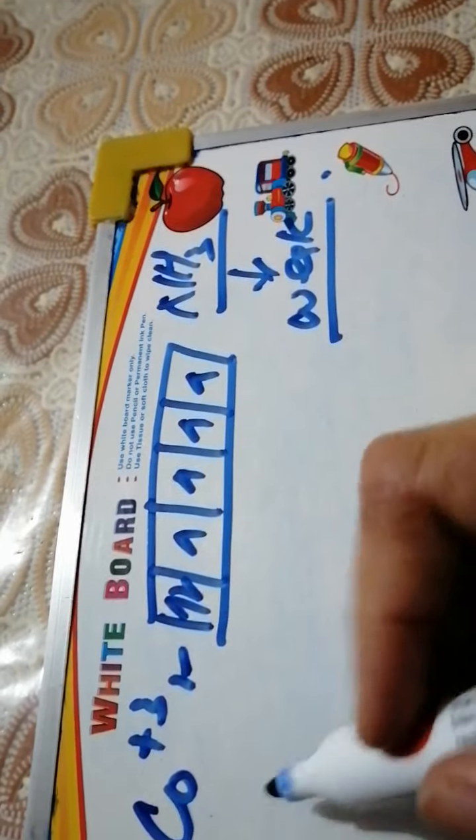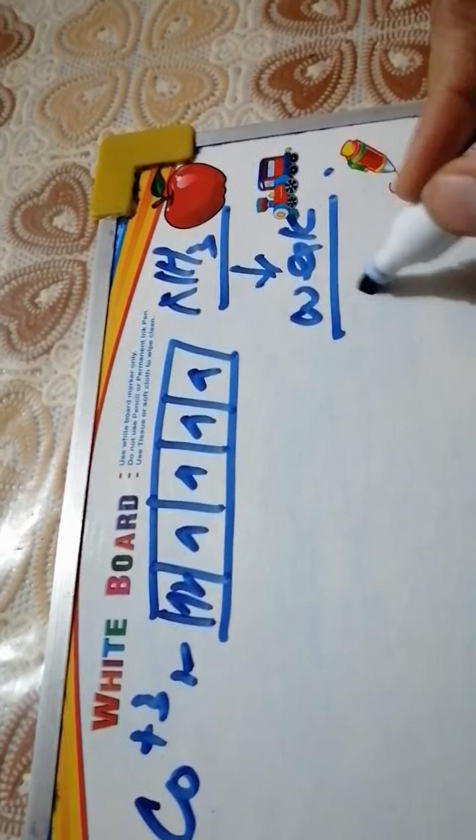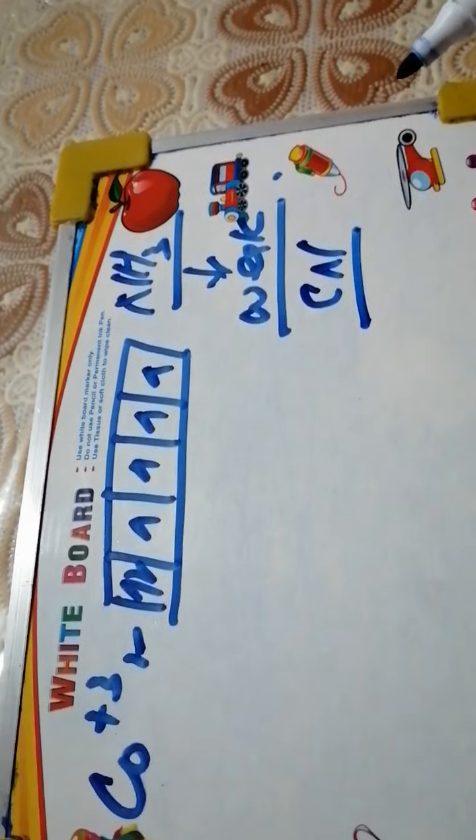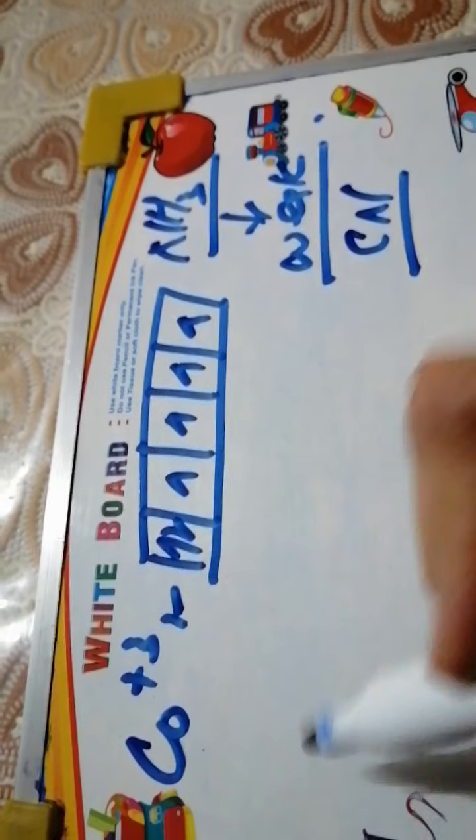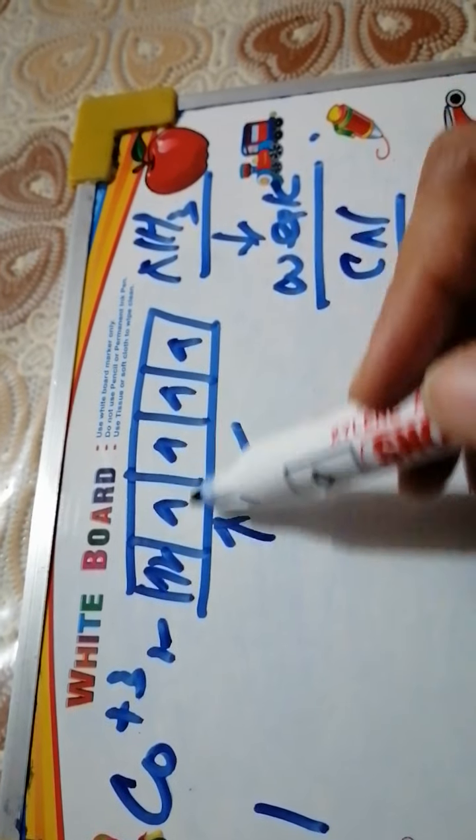Let's assume in this particular situation, if a strong ligand is present, you can take the example of cyanide. Cyanide is a strong ligand. Okay, I'm telling you the situation both ways, if we have a weak or a strong ligand. If we have ammonia, then it will be left with the same situation because it cannot compel the metal electrons to pair up.